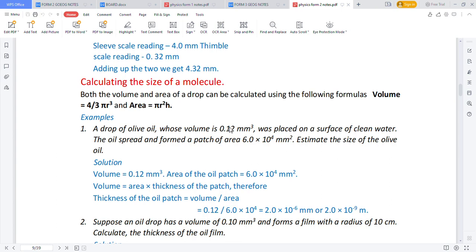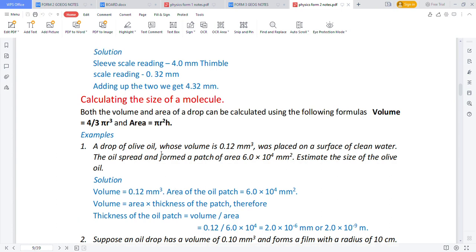Calculating the size of a molecule. Both the volume and the area of the drop can be calculated using formulas. So here the volume is 4 over 3 pi r cubed, and the area is pi r squared. So what are some of the assumptions made in the oil drop experiment?